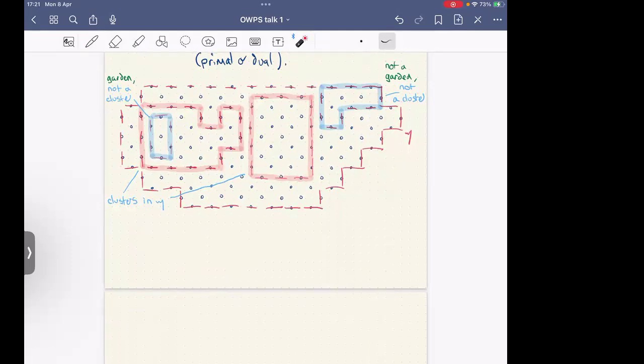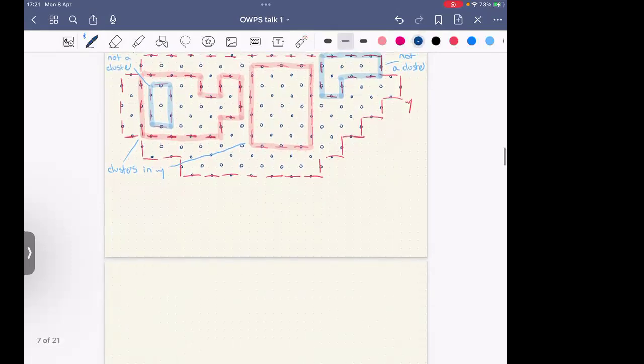So how is this proof going to work? It's going to come in three parts. First is the idea of what the authors of that paper call a repair map. So what's this going to do? It's going to fix some gamma as we have, and fix all the primal clusters. That's number one. Then we're going to shift the dual clusters just slightly up and to the right, or up and to the left, doesn't matter, such that they become primal.